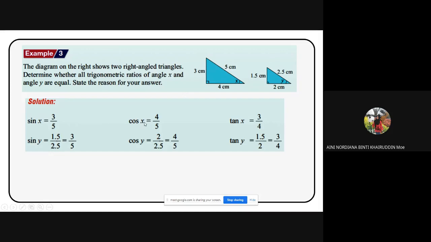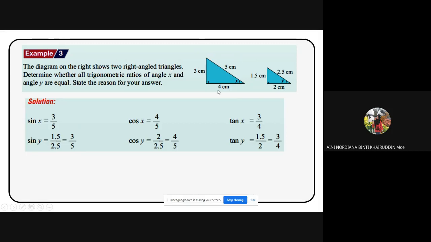For cos x, which is CAH, adjacent over hypotenuse, adjacent is 4, hypotenuse is 5. So 4 over 5. Tangent x, TOA, opposite over adjacent. Opposite is 3, adjacent is 4. So 3 over 4. So this is for angle x.